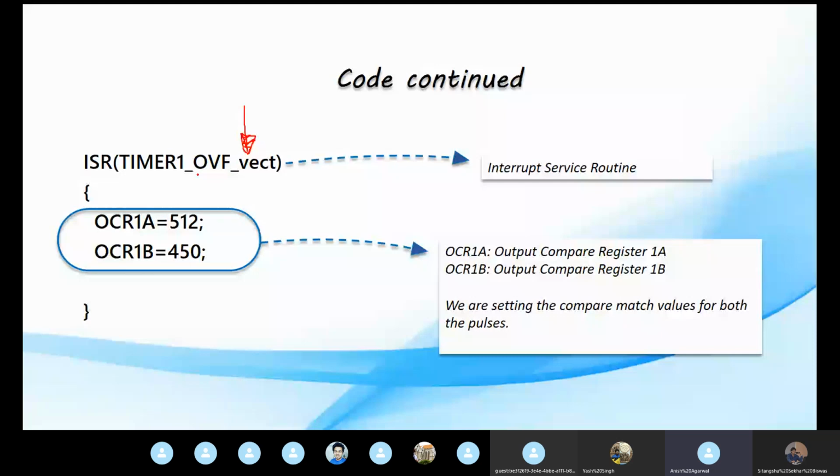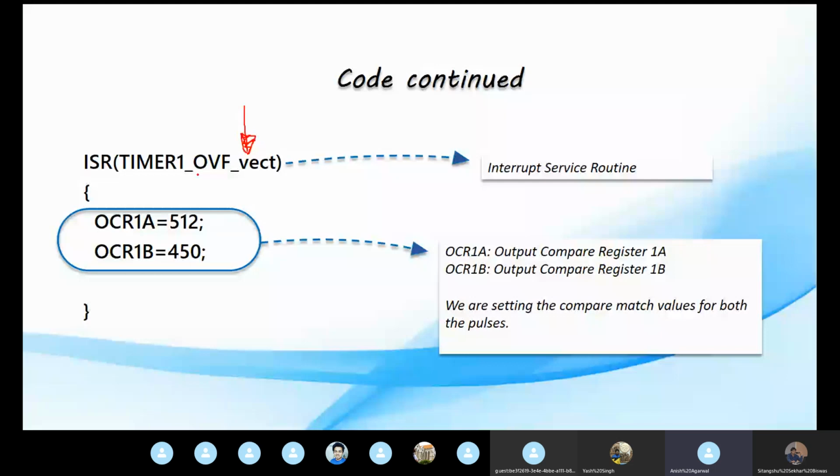It will remain high while the microcontroller counts from 512 to 1024, and then down counts from 1024 to 512 again. During this whole duration the OCR1A pulse will be high, because we had set the mode as set while up counting and clear while down counting.